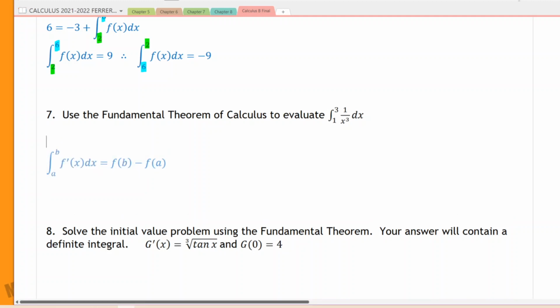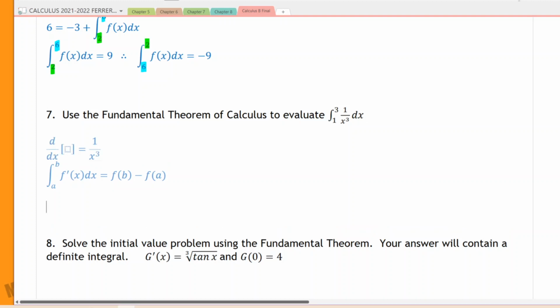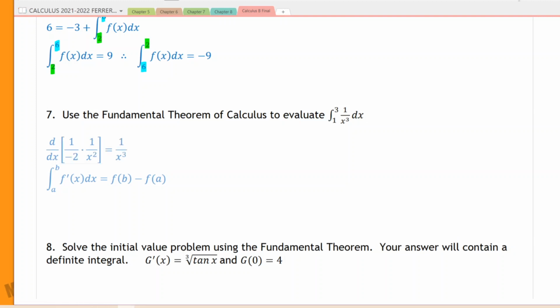Now, in order for us to get through this, we're going to have to figure out an antiderivative. So the antiderivative of 1 over x cubed, so we are asking ourselves, the derivative of something is 1 over x cubed. And if we do this with our rules, we get that the antiderivative is -1/2 of 1 over x squared.